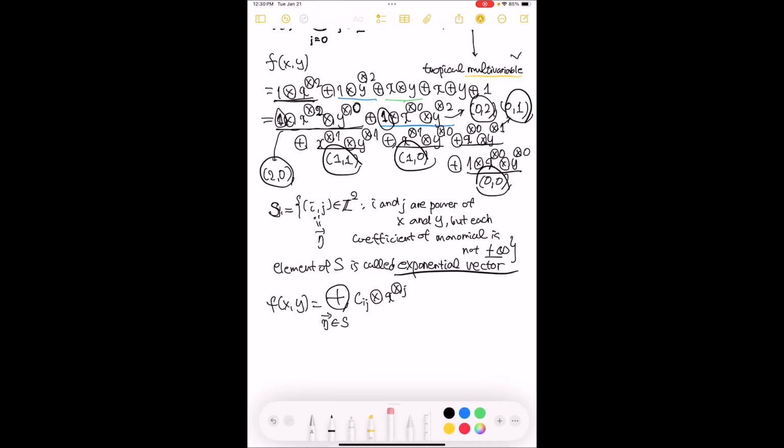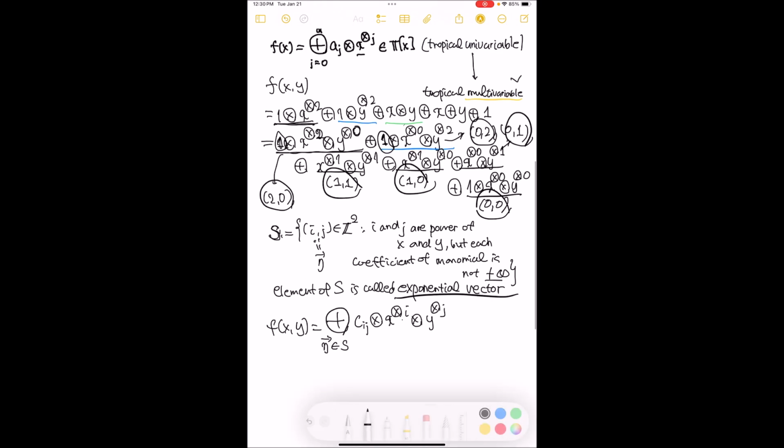That is i. That is j. So Cij means, when we think about this polynomial, this coefficient is C22.